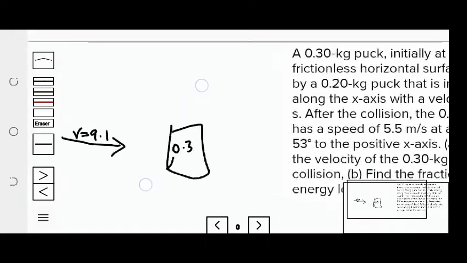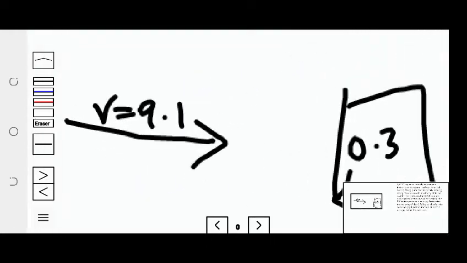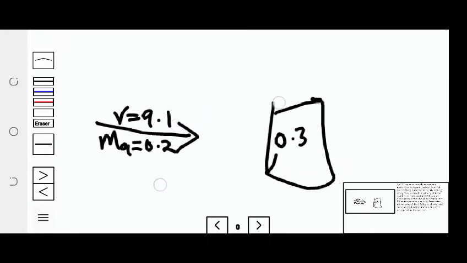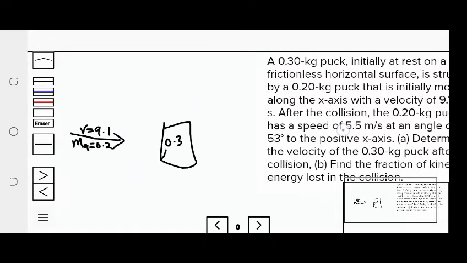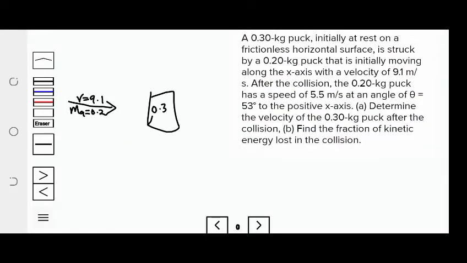Okay, and then this is having the mass, let's call it ma, of 0.2. Okay, so this particular puck hits this and then moves in the positive x-axis. Okay, it moves at this angle with this particular speed.